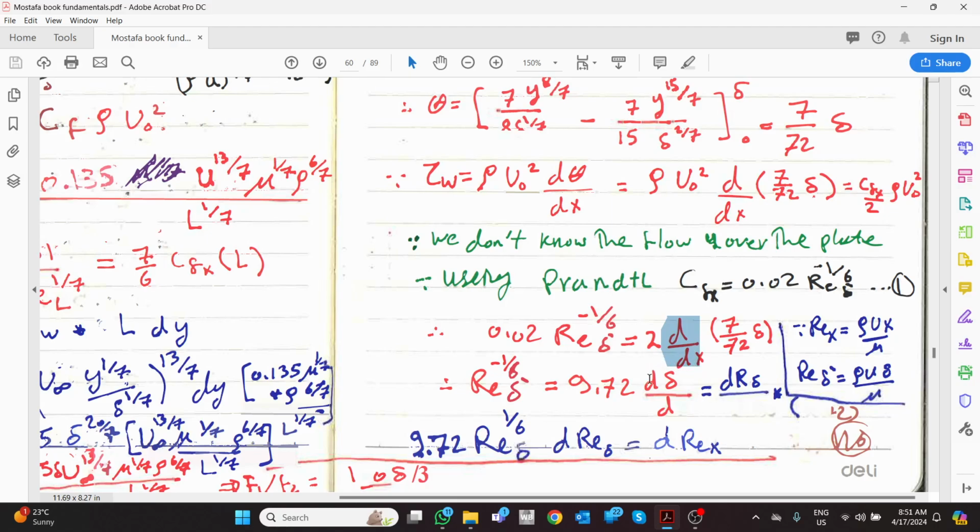There is one technique here which has been done, because we know that Reynolds number at x is this equation and Reynolds number at delta is this equation, which means you can manipulate.